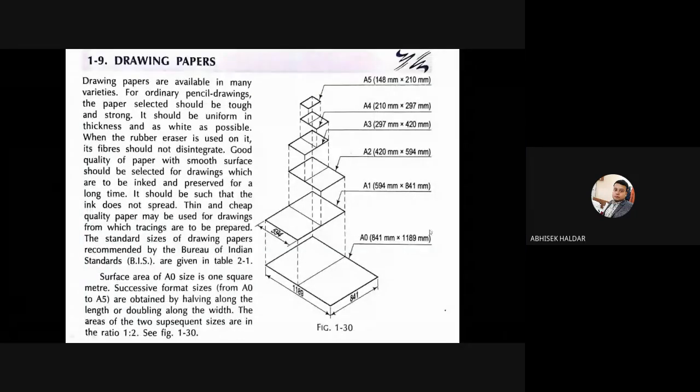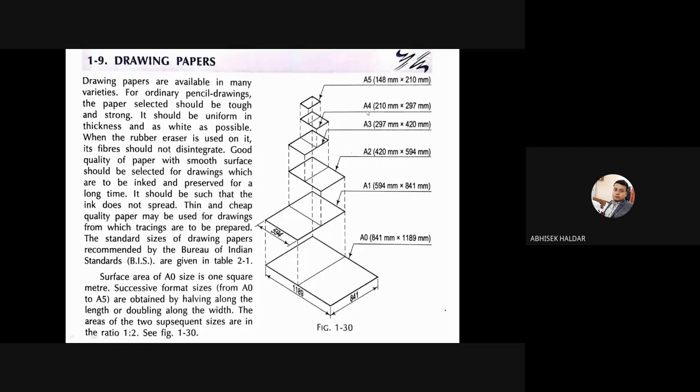So let us start with a very important thing you should know, that means the dimensioning of the papers. In the last class, if you remember, I told you that generally in our lab we use this A1 drawing sheet, and often for writing any letter we use this A4 size paper.